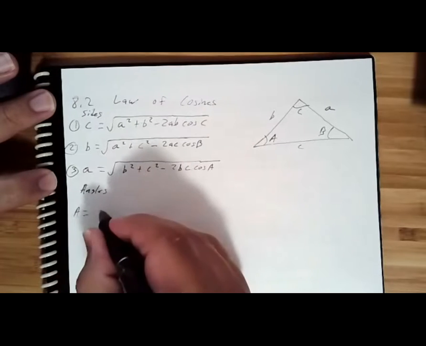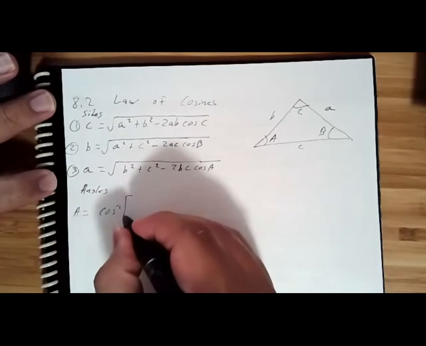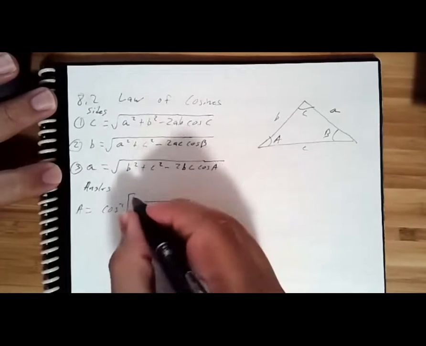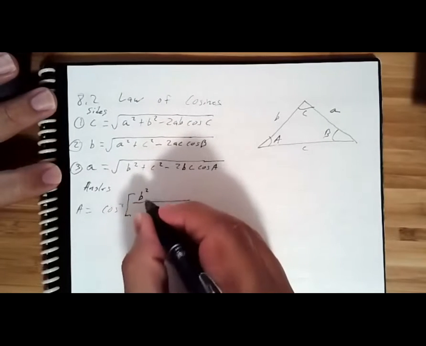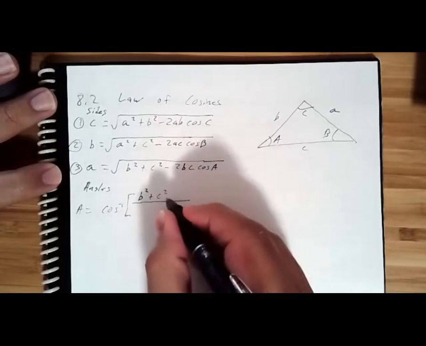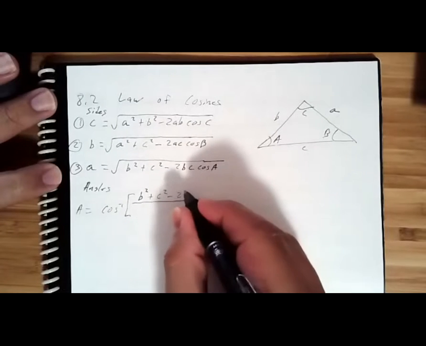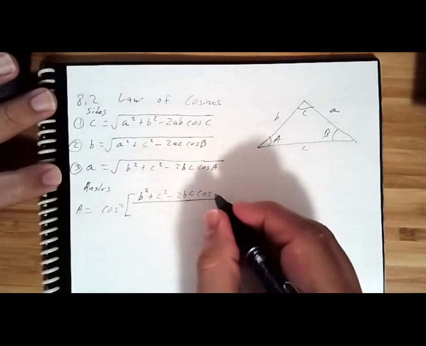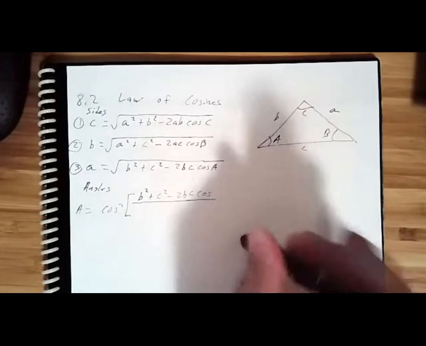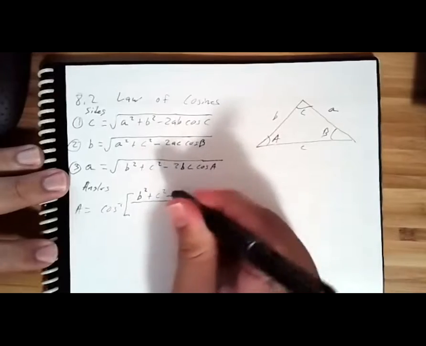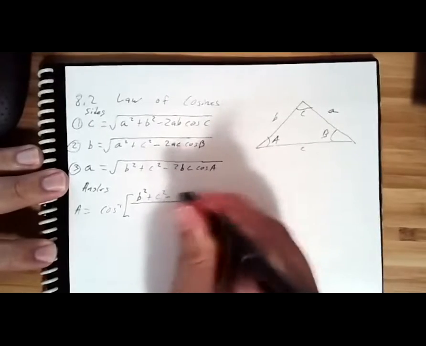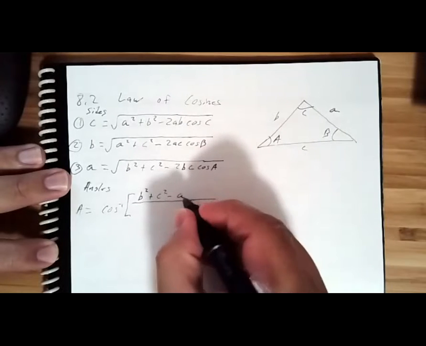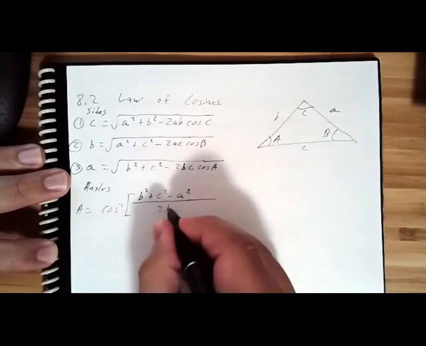Capital A is equal to cosine inverse of b squared plus c squared minus 2bc cosine. Oh crap, sorry. Writing down the one up top. B squared plus c squared minus a squared over 2bc.